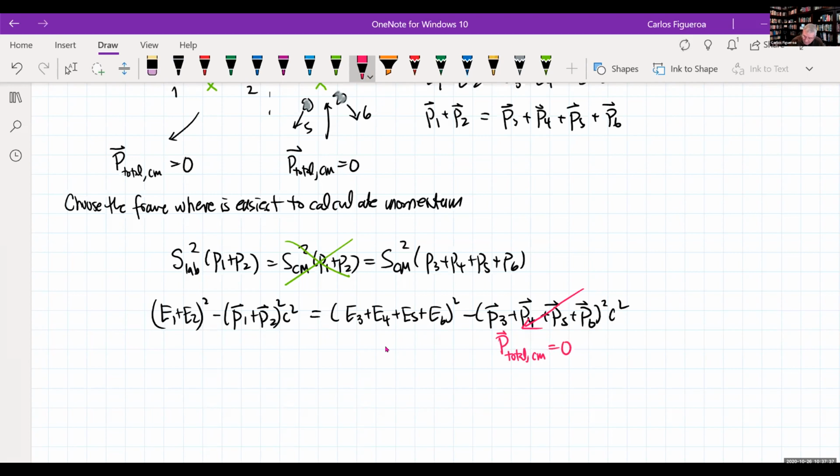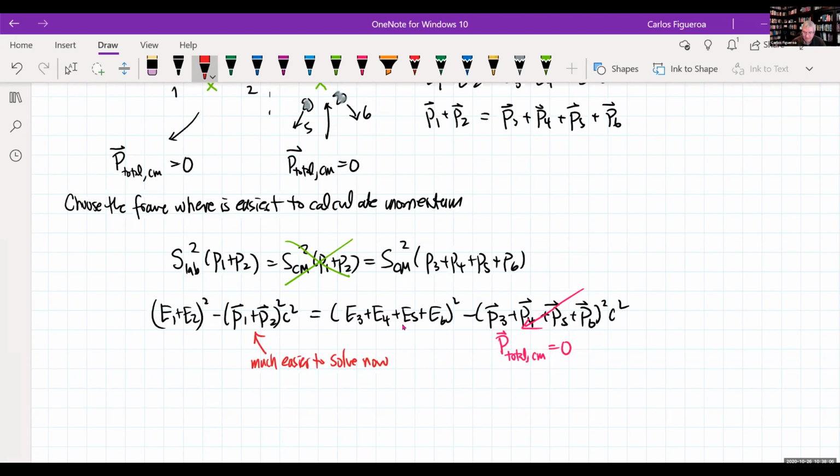So I don't have to account for anything else but these guys right here. That is powerful. It turns out it's typically the momentum that we're using. This is much easier to solve now, and that's the idea right there.